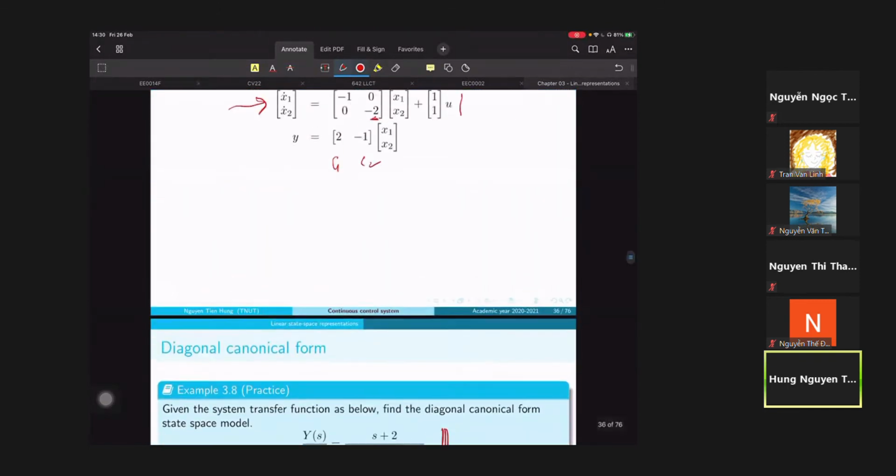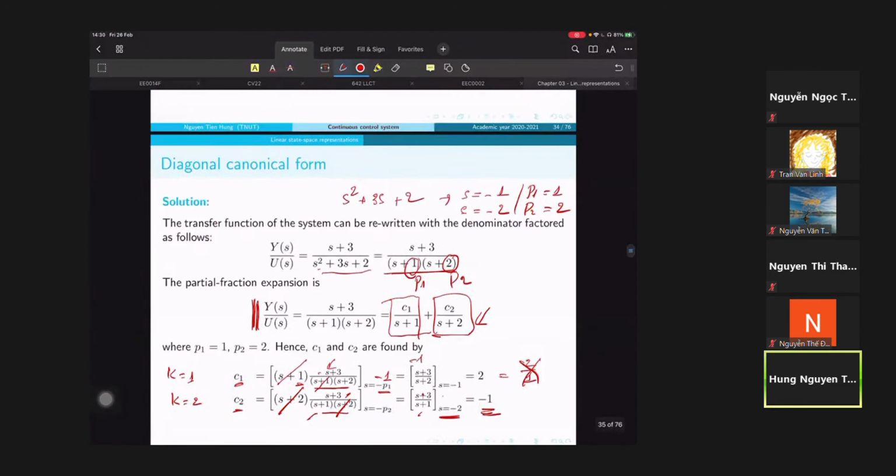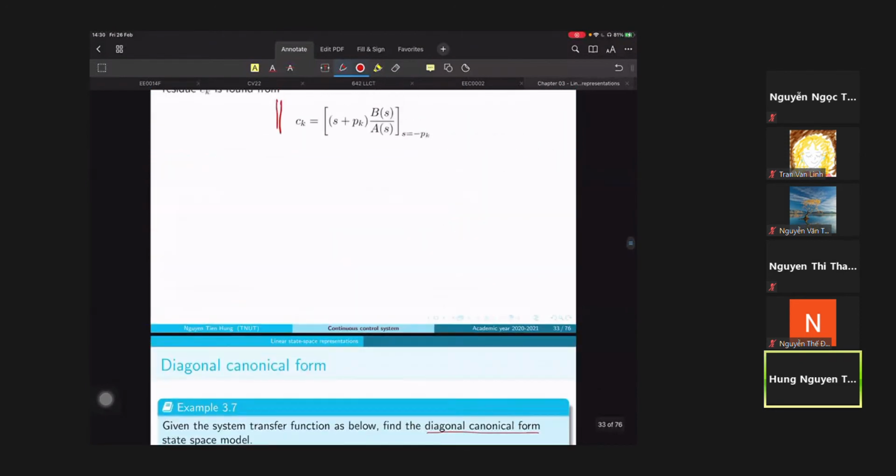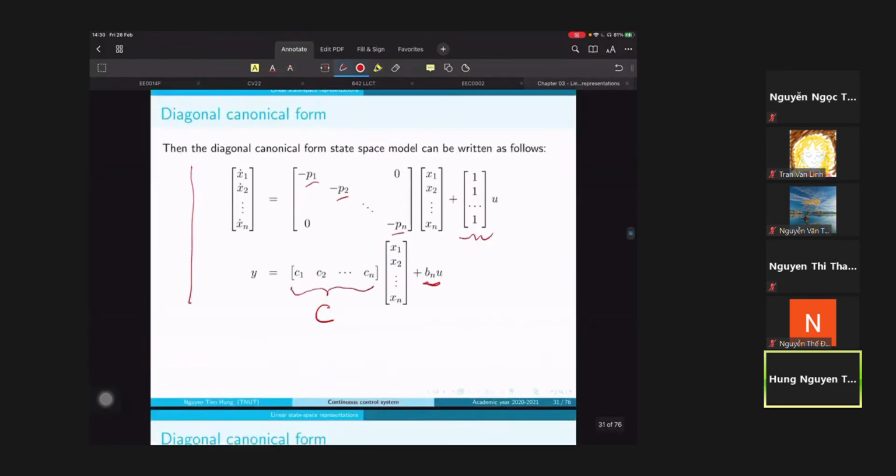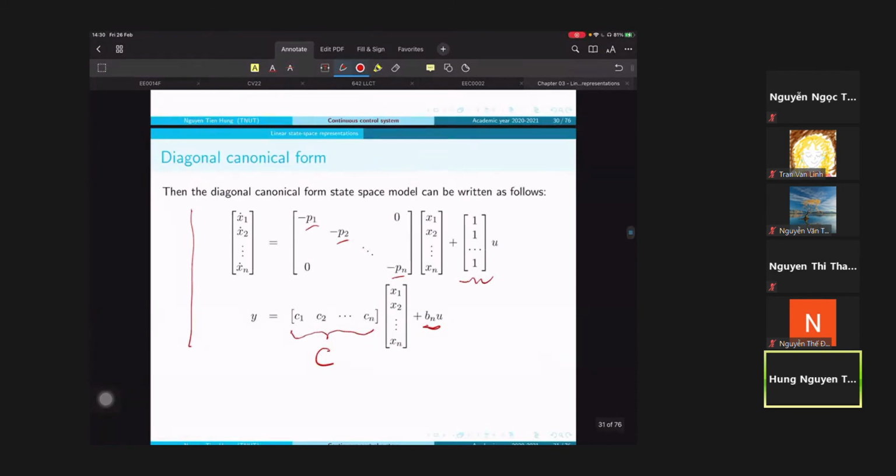And now you have to find the canonical form. By this form, you see, you have the A matrix with all the poles in the main diagonal with the minus sign. And for the C matrix, we have C1, C2, up to Cn.